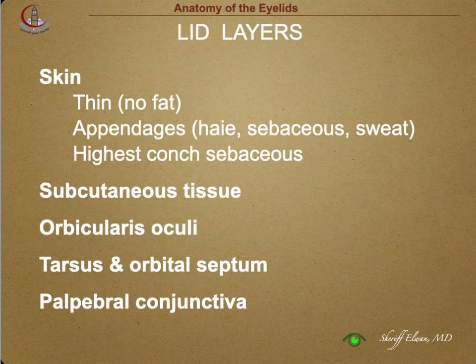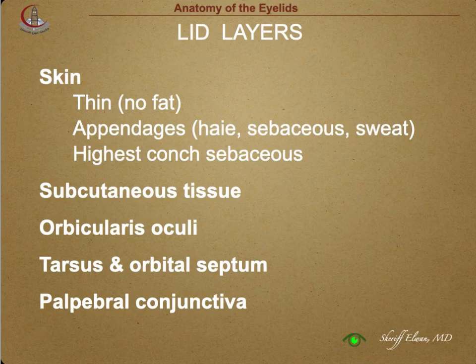Starting with the layers and lamellae of the eyelids, actually the lid is composed of the following layers. First, externally is the skin with the subcutaneous tissue, then the orbicularis oculi muscle, then the tarsus and the orbital septum, and finally the palpebral conjunctiva.